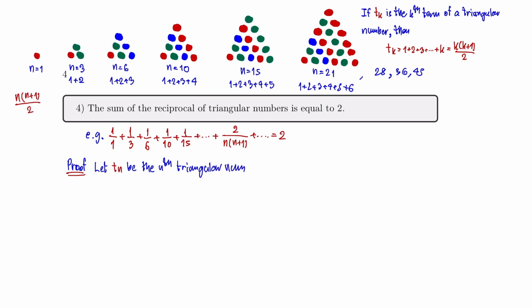So what happened to Tn? Tn is going to be the sum of consecutive numbers from 1 to n, so we're going to have n times n plus 1 over 2 for any positive integer n.